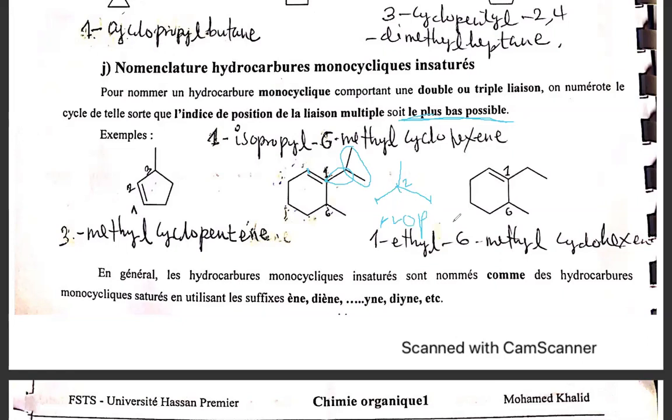Now, because it's a substituent, because in this case it's not acting as a chain, but acting as a substituent, it will not be called propane, but be called propyl.